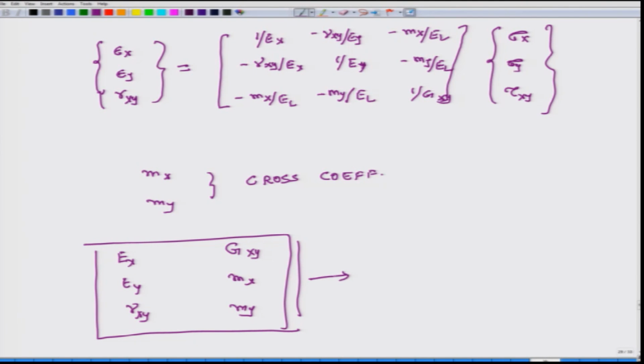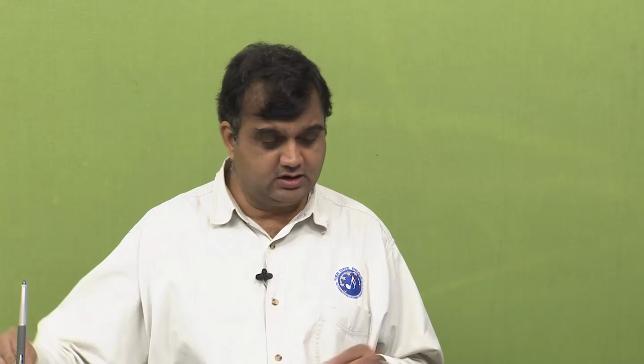All of these can be calculated in terms of E L, E t, G L t, nu L t and the transformation angle theta. So, even though these are 6 constants, they can be expressed in terms of these 4 fundamentally independent constants for this orthotropic material under plane stress state.